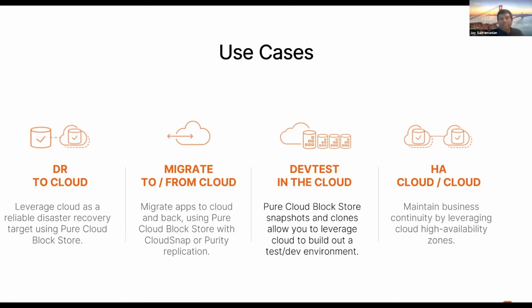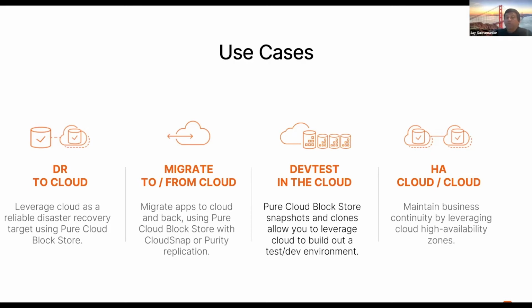Now, let's talk a little bit about some of the use cases. The common use cases that we see with Cloud Block Store are disaster recovery, meaning you can take an on-prem workload and do a DR to the cloud. You can migrate to and from the cloud for any number of reasons. In some cases, you want to take advantage of the compute or other capabilities in the cloud. You can do that, and you can bring it back as well. The data mobility capabilities are there.